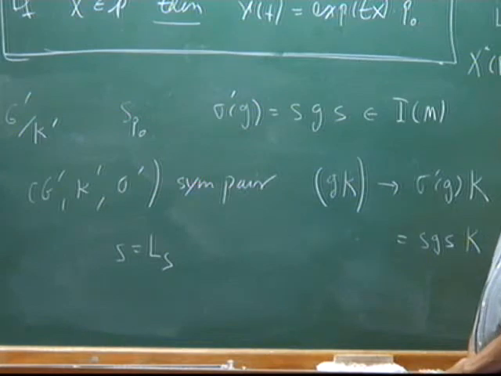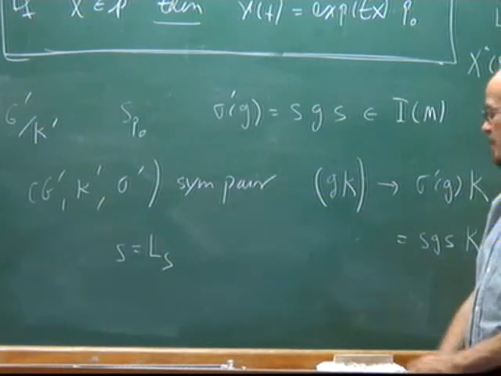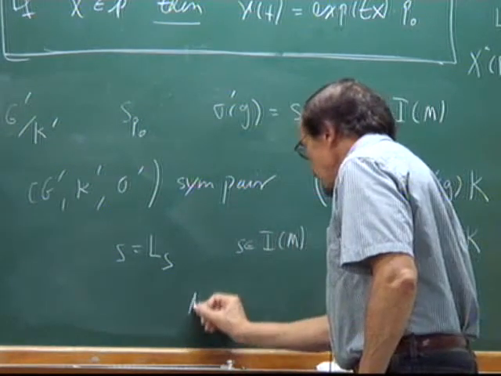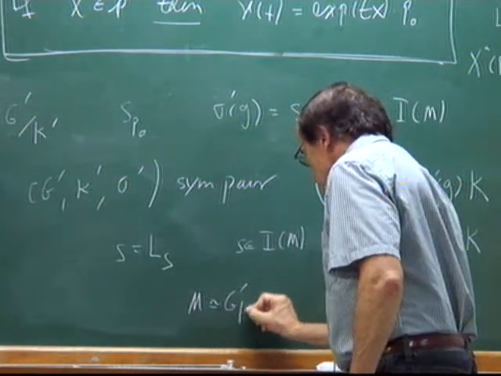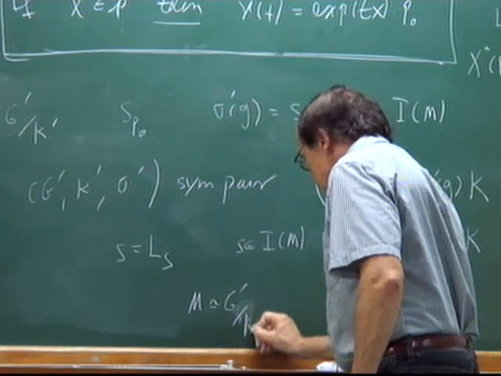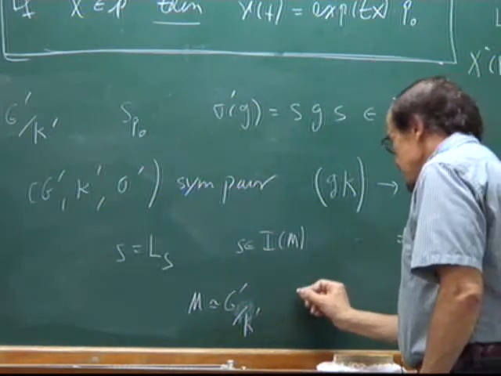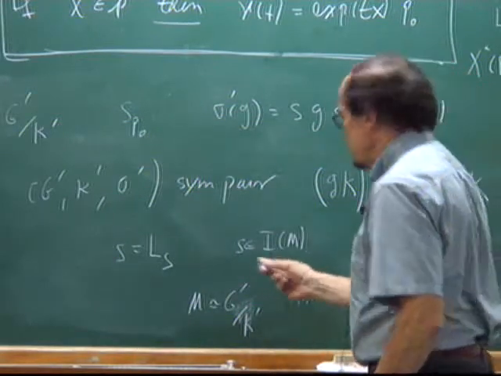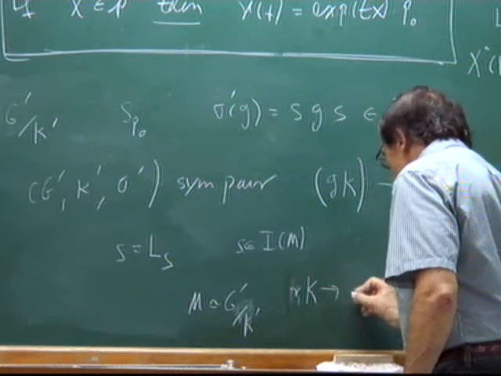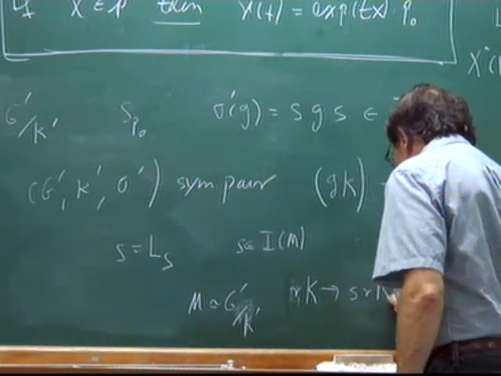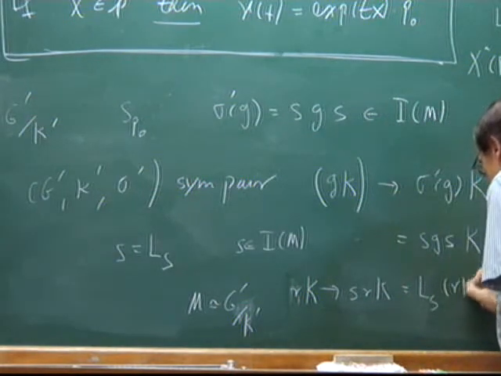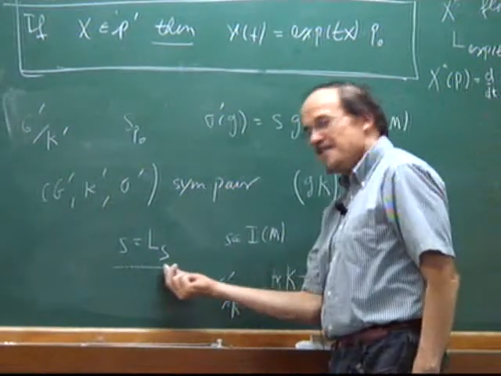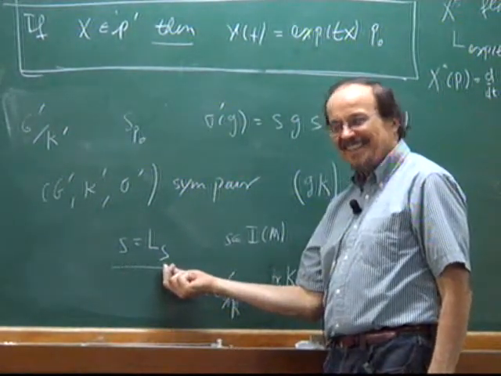But s was the isometry, which is my involution at the point. So you got it as an isometry. But if I identify M with the homogeneous space G mod K prime or G mod K, then how does something like this act? It takes rK to srK. So left translation by s applied to rK. So that's another fun identification. s is the same thing as L_s on the manifold. Very confusing.